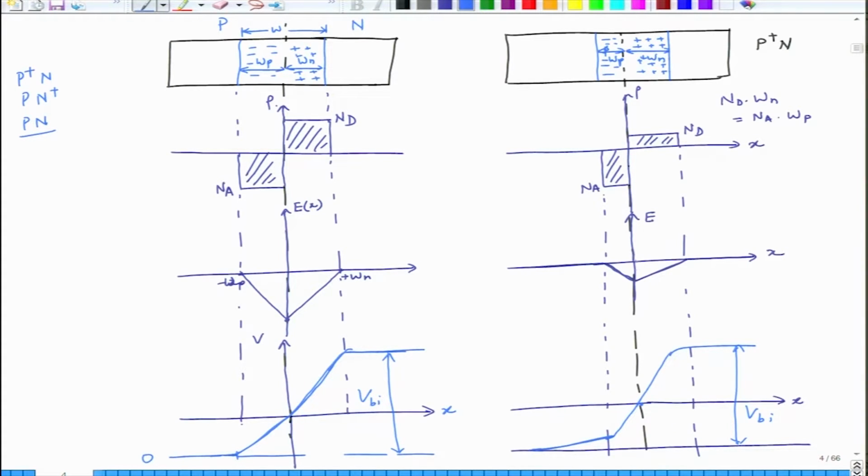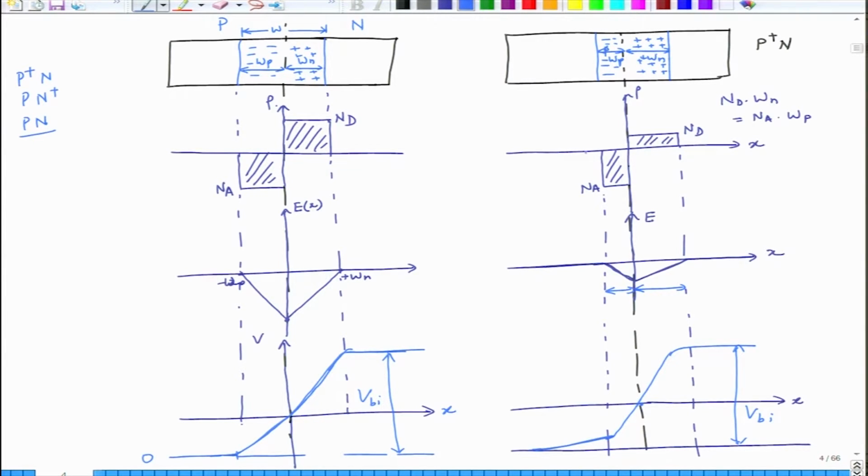So you can see that the electric field goes from 0 to some value in the heavily doped region over a shorter distance than it goes in this region. So the drop in the electric field is more in the region which is heavily doped, as compared to the region which is lightly doped, because within that small distance you have large charge density, and suddenly you go to 0 charge density here.